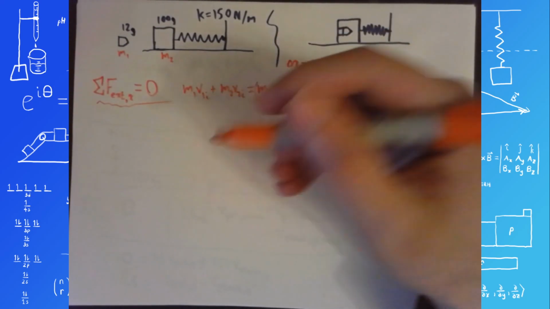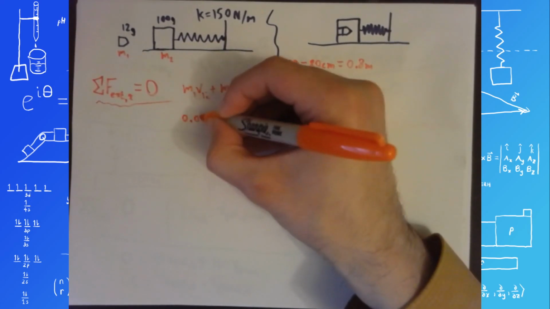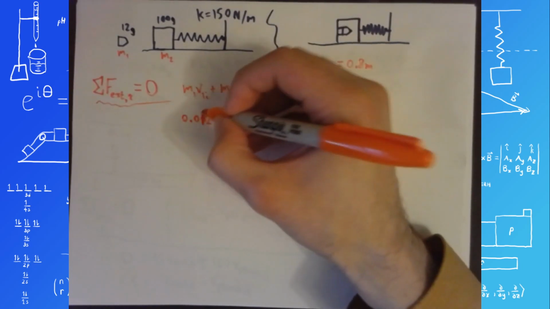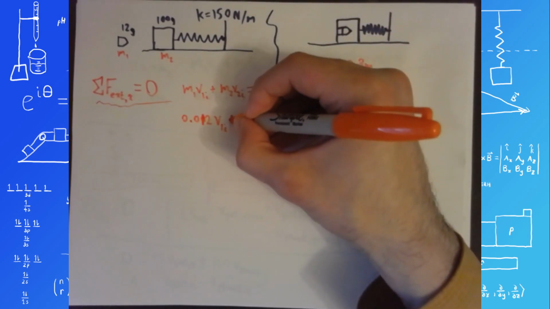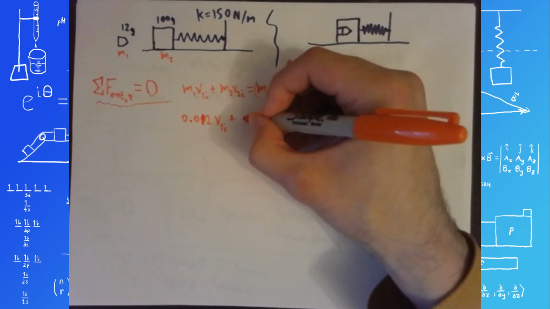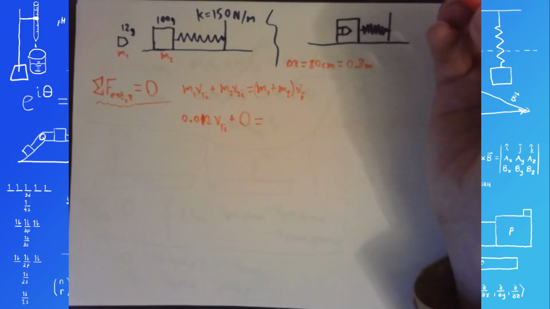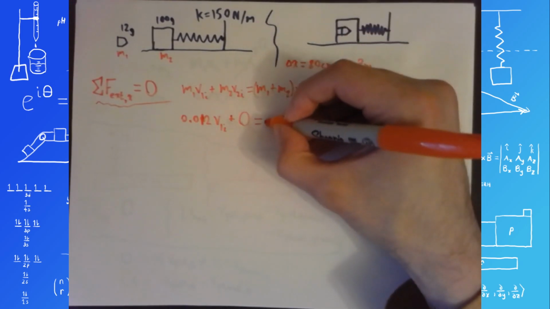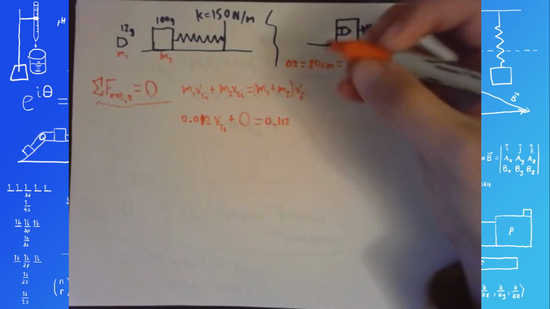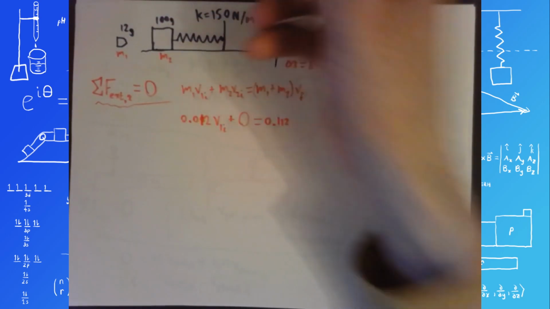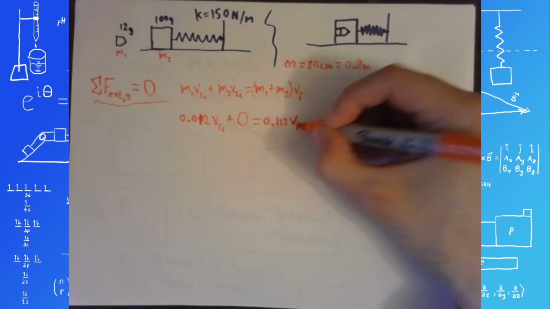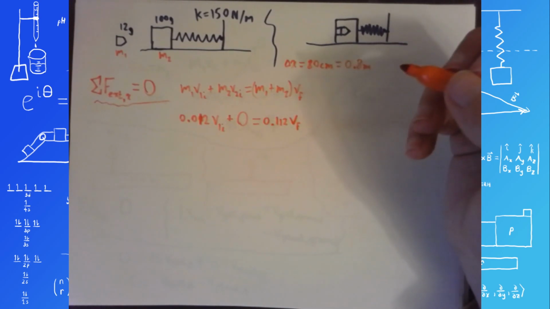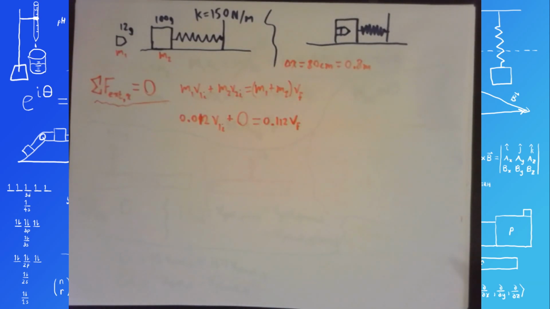Okay, so that's going to be 0.012 kilograms times whatever V1 initial is, plus 0.1 times, well, that's going to be 0, it's initially at rest, equals 0.112. If I add 100 to 12, 112 grams is 0.112 kilograms times V final. Air quotes on final because there's a second stage here.